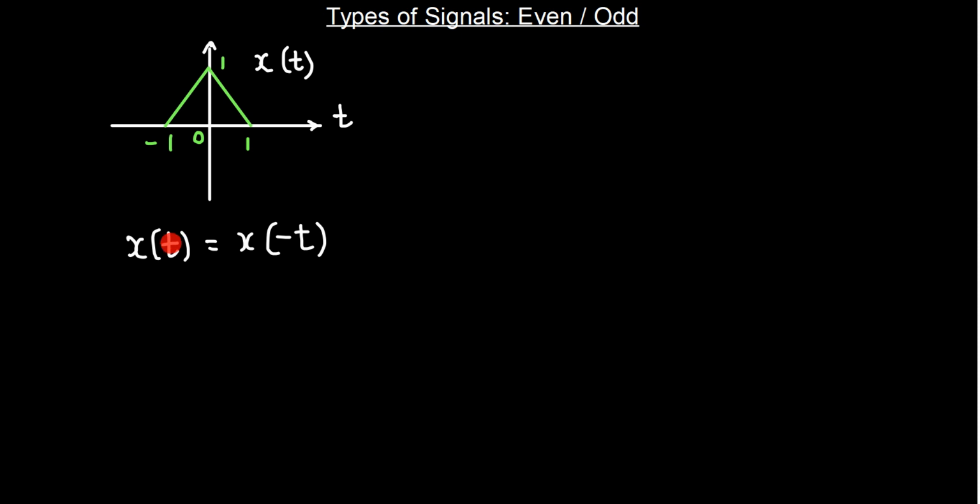X of t, that is the signal, is exactly equals to the signal on the other hand. And this is true for all the values of t. If this is the case, then such signals are called as even signals. So let me write that, even signal.